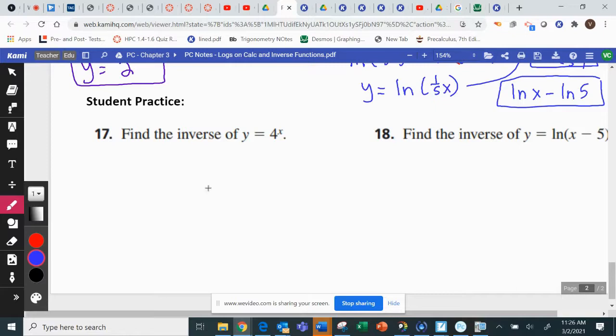So the inverse, we'll start with x equals 4 to the y. This is exponential, so I need to use logarithmic. I need to change it to logarithmic form, log base 4.